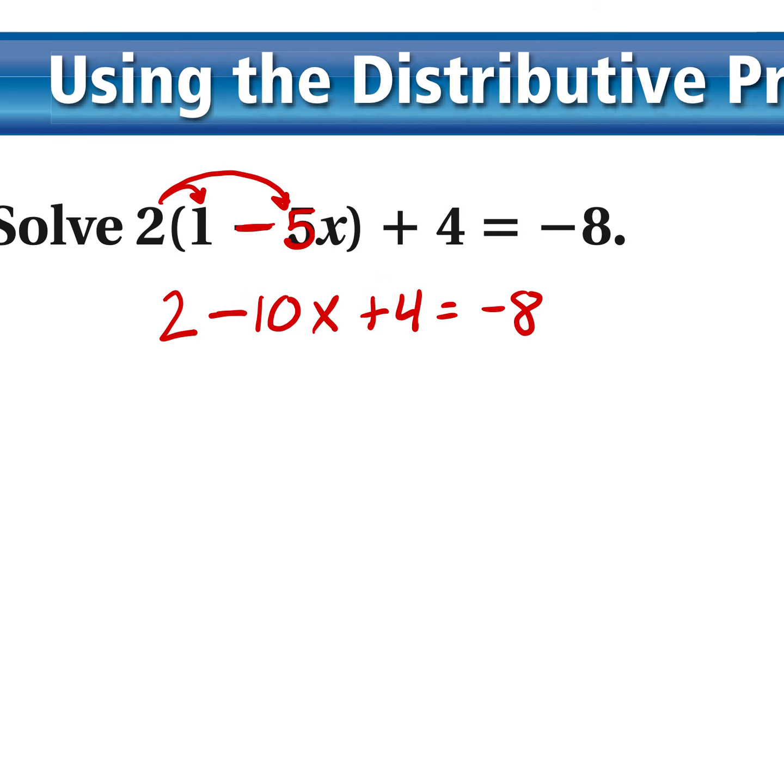That's actually negative 10x. So don't think of that 2 and that minus being connected. They're not. It's actually the 10 and the minus that are connected, okay? So it's going to be 2 plus 4. 2 plus 4 is 6. So now I can say 6, and now bring down the rest of the stuff we haven't used. Minus 10x equals negative 8.